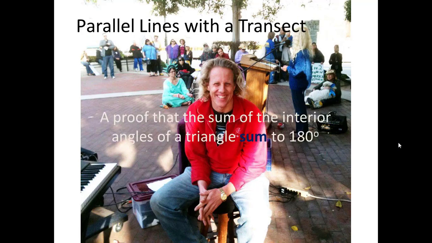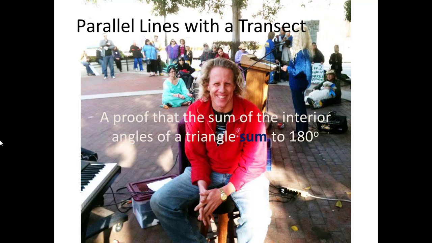In this presentation, I plan to review the angular relationships with parallel lines cut by a transect. And then that moves right away into a proof that the interior angles of a triangle sum to 180 degrees. I think this theorem is quite beautiful, actually, very clever, and it really only involves just a tiny little bit of arithmetic at the very end.